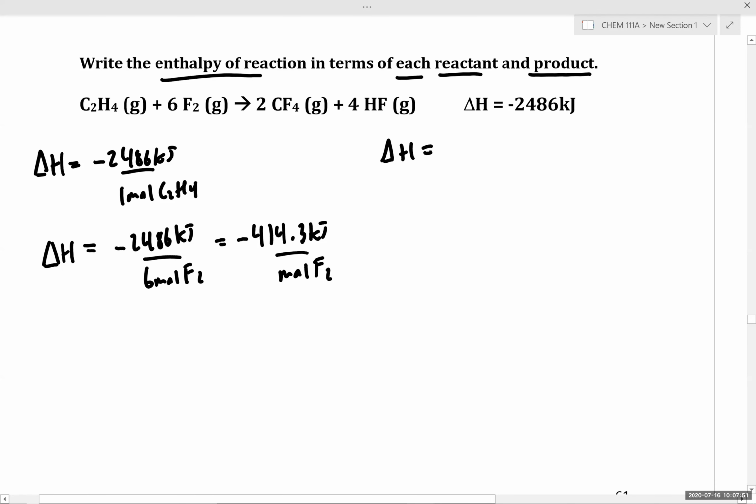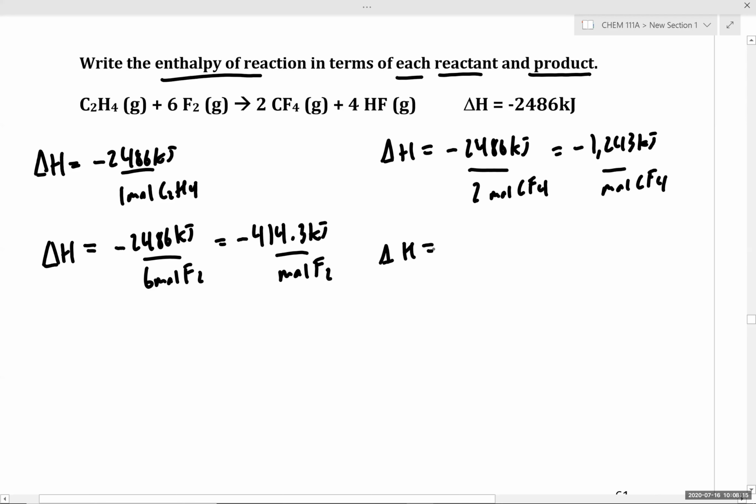Our enthalpy in terms of CF4 would be 2,486 kilojoules for every 2 moles of CF4, and that gives us negative 1,243 kilojoules per mole of CF4.